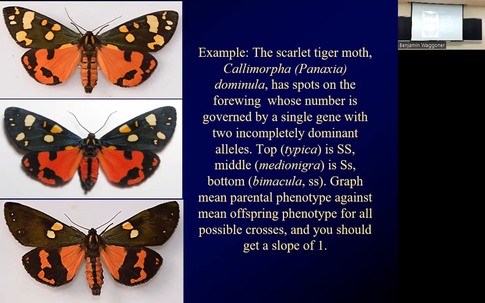This is an insect called the scarlet tiger moth. It's European, I believe. And it's got spots on the forewing. The number of spots is governed by a single gene with 2 incompletely dominant alleles. So the bottom moth has 2 copies of the recessive allele, and it's only got 2 large white spots per wing, right?